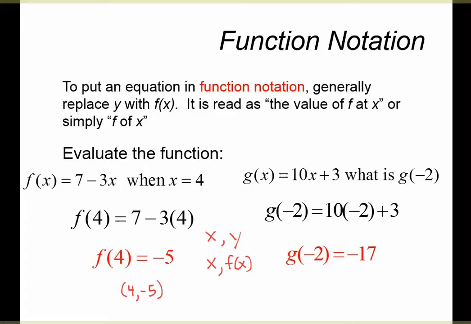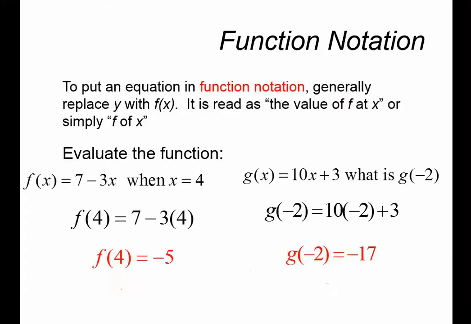For g of -2, the ordered pair would be you plug in a -2, and it spits out a -17. And that means on the graph, when you go over to -2, you're going to go down -17. You won't go anywhere else because for each input, there's only one output. Okay. We'll come back to that at the end and give you some more practice with that.